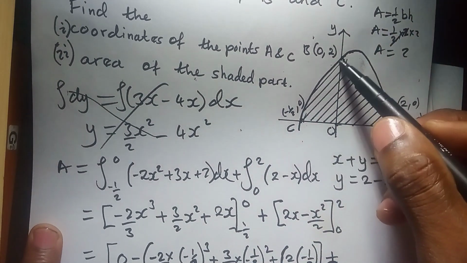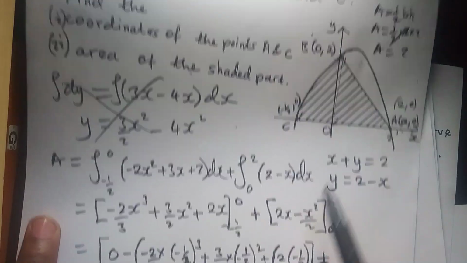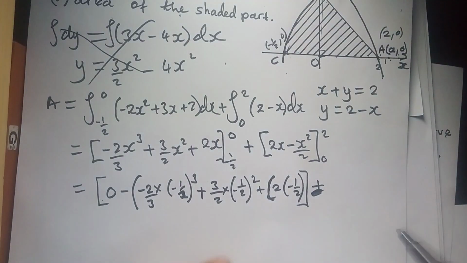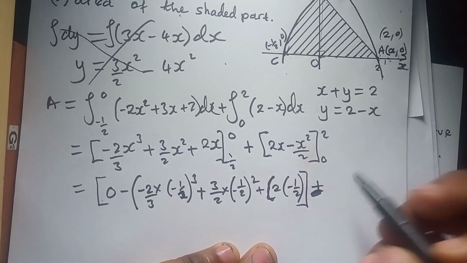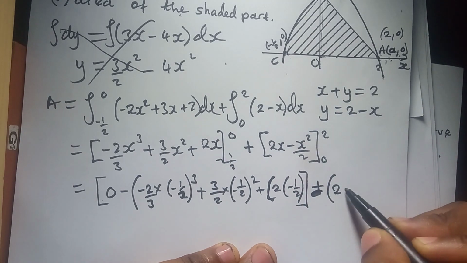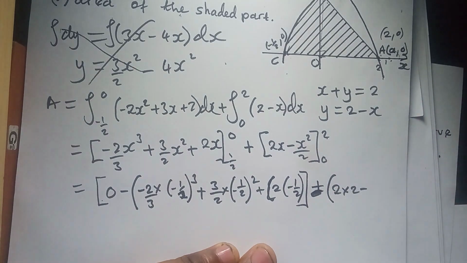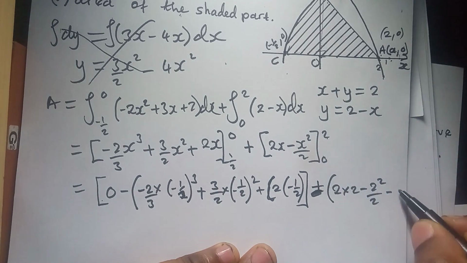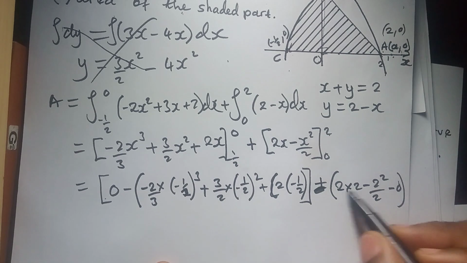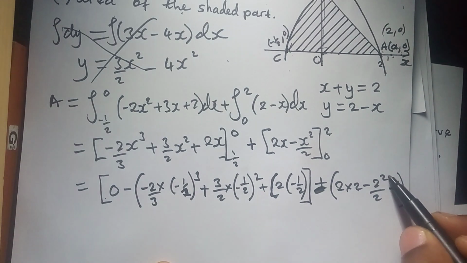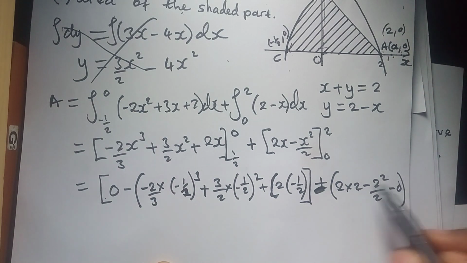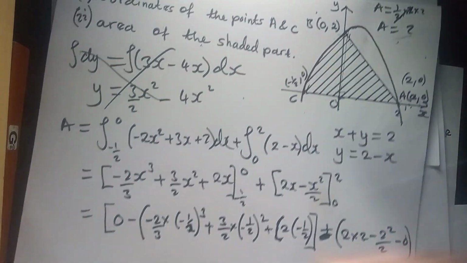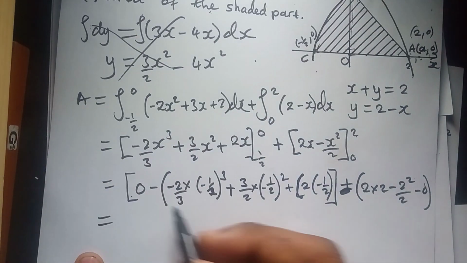We are adding because we have this side and this side. You don't have to subtract here since they are all part of what you want to find. When you put your 2 there, you have 2 times 2 minus 2 squared over 2, and when you put your zeros, everything will be 0. So this times this is 4, and then 4 divided by 2, so 4 minus 2, it's giving us 2, which makes it correct.